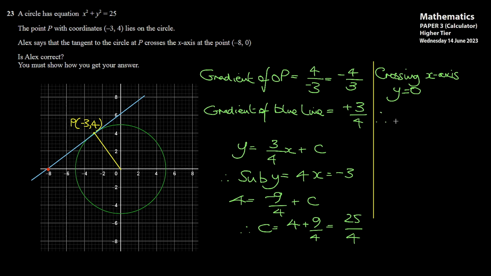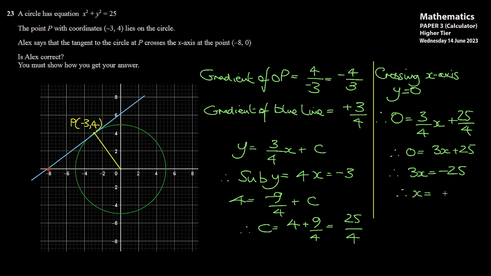So therefore I can say that 0 is equal to 3/4 x plus our newfound value of c, which is 25 over 4. Multiplying through by 4, 0 is equal to 3x plus 25, and therefore 3x is equal to negative 25, and therefore x is equal to negative 25 over 3.